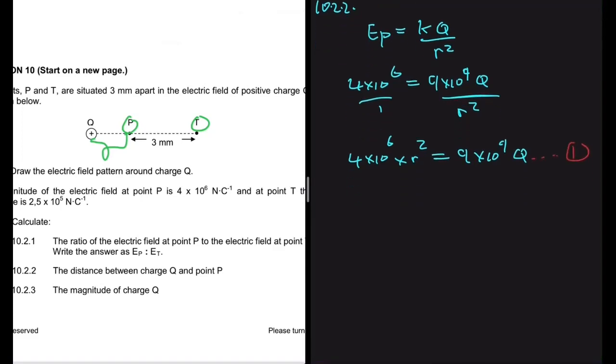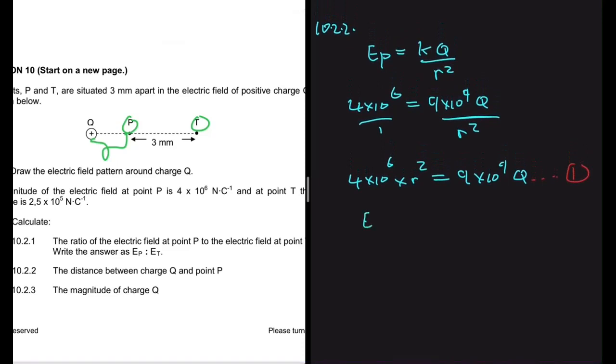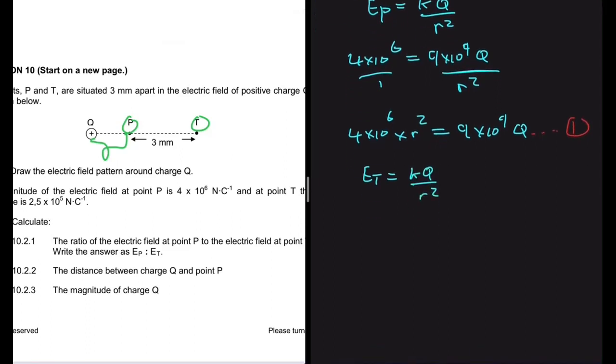And now to use point T, we're going to say that ET is equal to KQ divided by R squared. And then what is ET? We know fully well what ET is again. That is 2.5 times 10 to the 5, equal to 9 times 10 to the 9. And then what is Q?